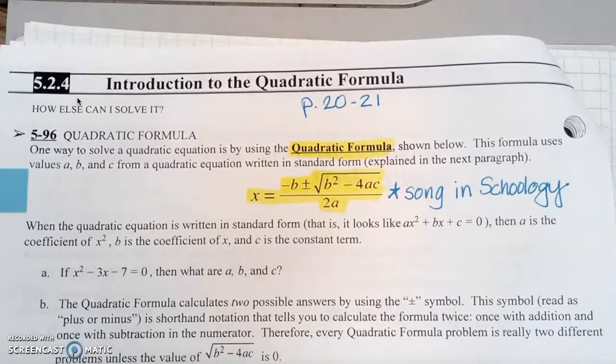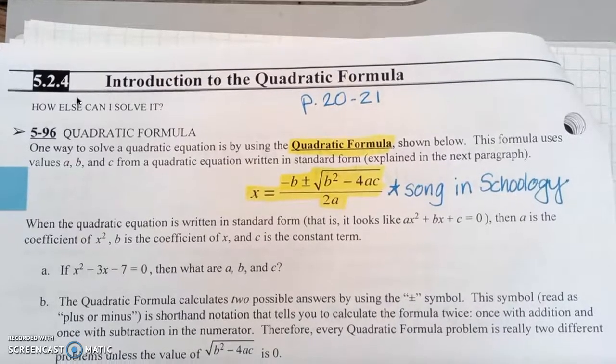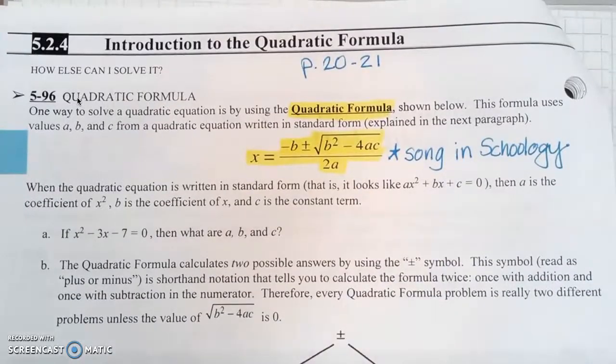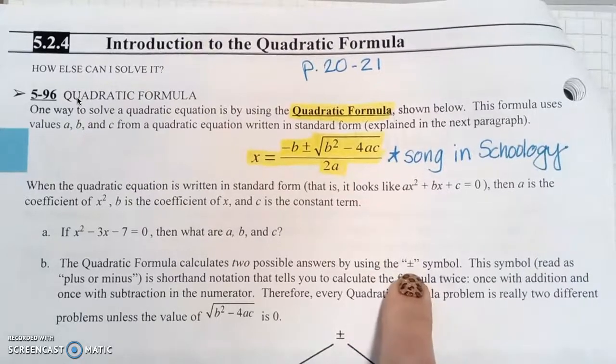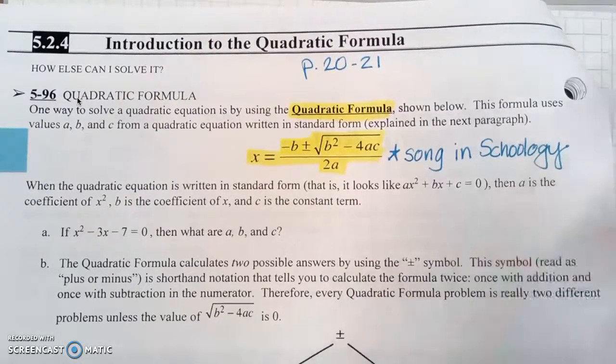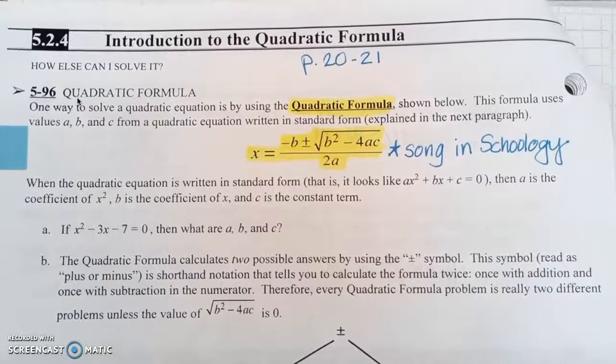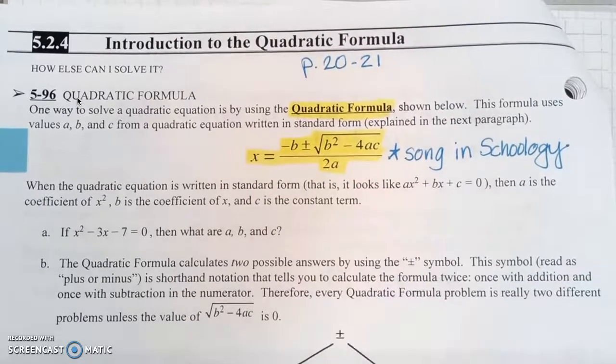Then you would have all numbers in the equation, and you would simply calculate it with your calculator, or sometimes they're easy and you can do them in your head. All right? So the quadratic formula calculates two possible answers by using the plus-minus symbol. This symbol, read as plus or minus, is shorthand notation that tells you to calculate the formula twice, once with addition and once with subtraction in the numerator.